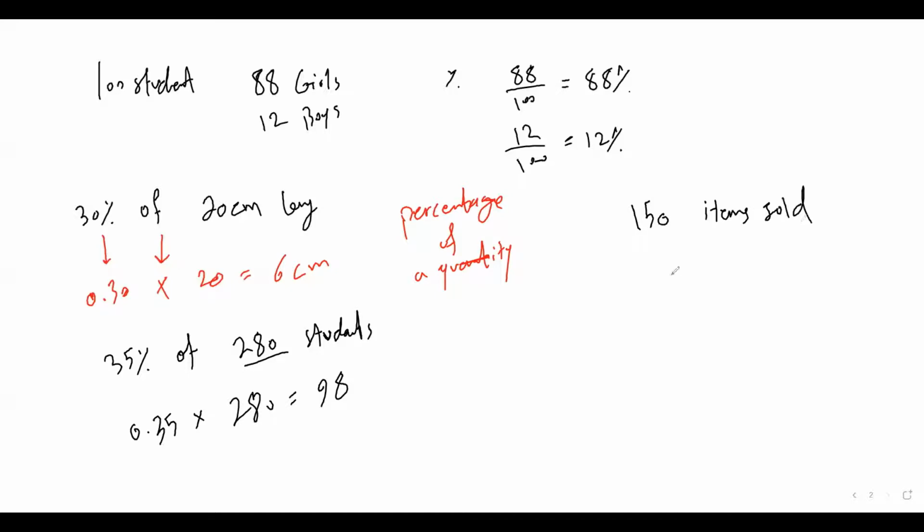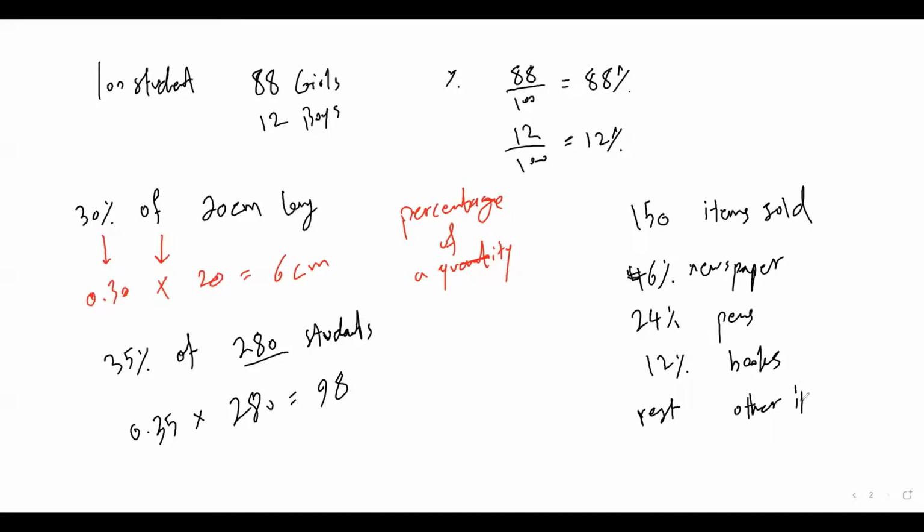So out of which, let's say 46% were newspapers, 24% were pens, 12% were books, and the rest was other items, right? So they're asking you to calculate the number of each item which is sold in this bookshop.